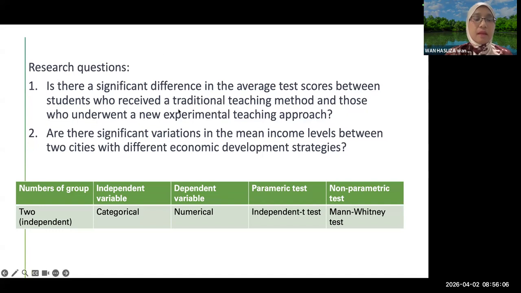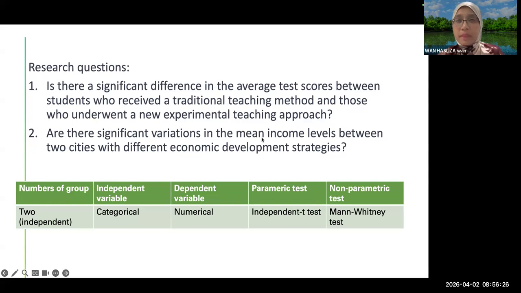Second, we look at the second question. Are there significant variations in the mean income level between two cities with different economic development strategies? You look here, I want to see the income level, the mean income level.